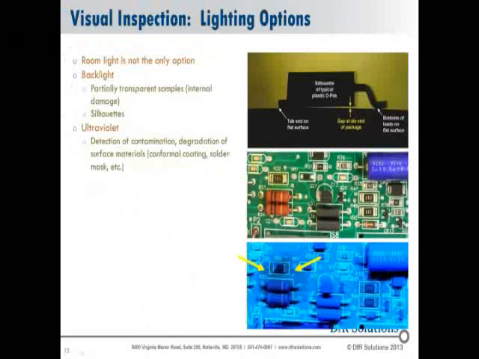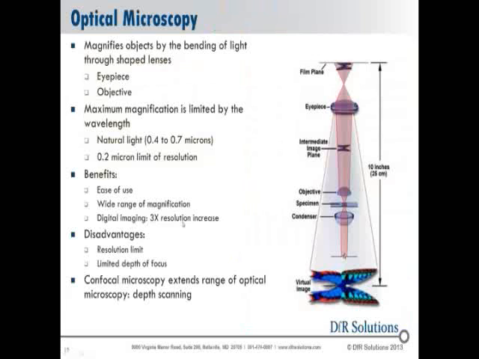So when you're doing your optical or visual inspections, lighting conditions are very, very helpful. Different kinds of lighting, polarized lighting, UV lighting, infrared, all of these things can bring out different characteristics that you might not see directly in a normal field of vision condition. And of course, the optical microscope, this is where we get a lot of benefits of using lenses and light to magnify things and get a very, very close look at what might be happening or what might be a problem.